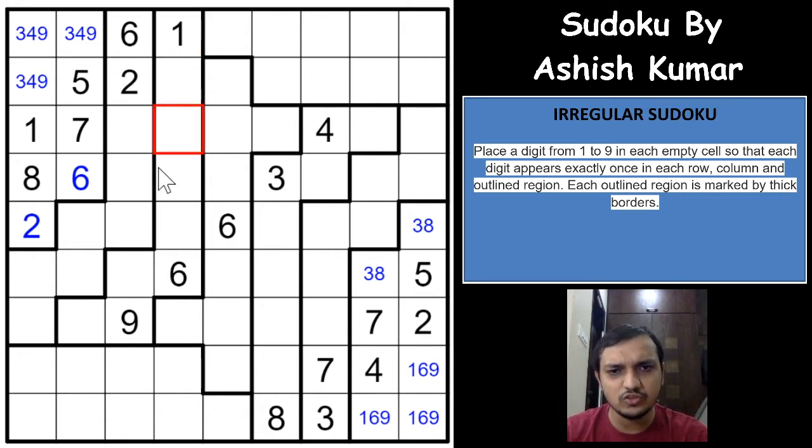So 9 in this column can only go in these 2 cells. Same way 4 in this column can only go in one of these 2 cells, because 4 is there in this region, so it is not counted in these cells. Okay, anything else?